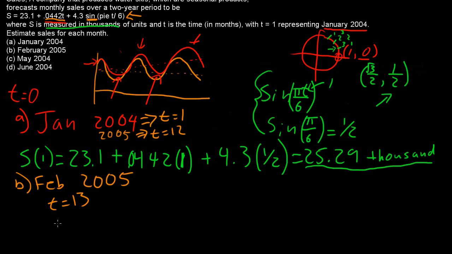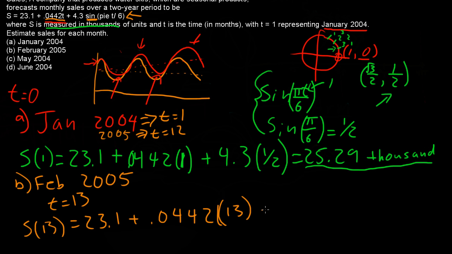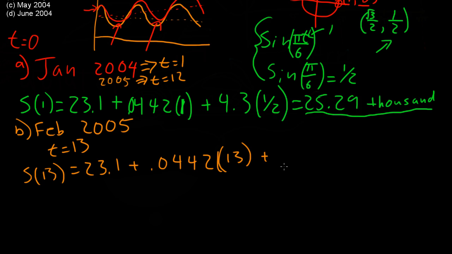Alright, so let's go ahead and do this again. We're going to have S of 13 is equal to 23.1 plus 0.0442 times, in parentheses, 13 plus, now again let's do this sine work off to the side a little bit.